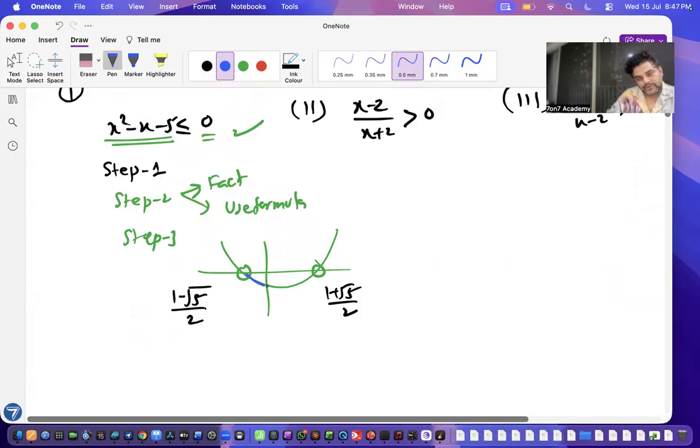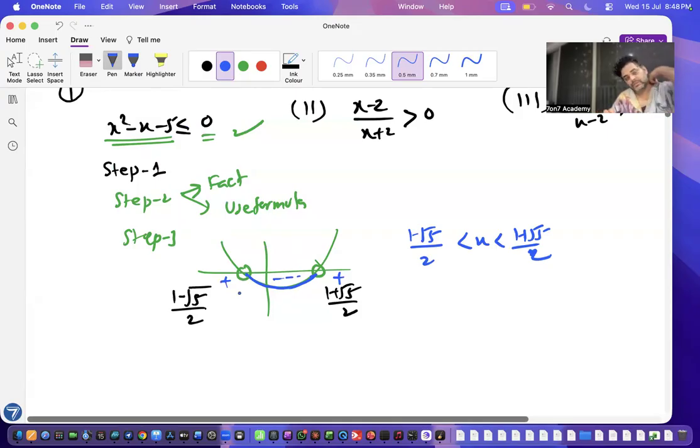You want the graph to be below, so in between: x from 1 minus root 5 over 2 to 1 plus root 5 over 2, because it was less than. In the sign diagram, here negative, here plus, here plus.